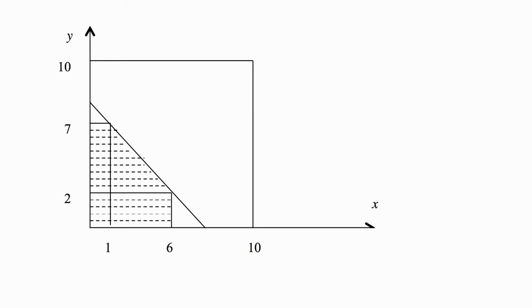And you can in fact very quickly calculate that. The 2 rectangles at the bottom together have the area of 2 times 6, so that's 12. The vertical rectangle from 2 to 7 has the area of 5 times 1, so 5. And the triangle has 2 perpendicular sides, each of length 5, so it's a half of 5 squared, so its area is half of 25, which is 12 and a half.